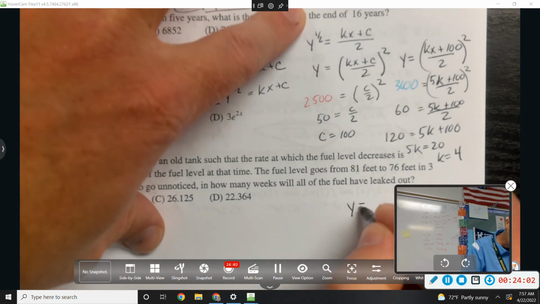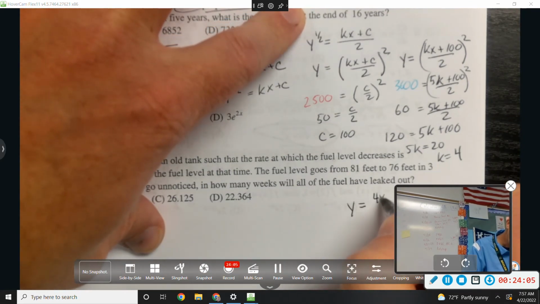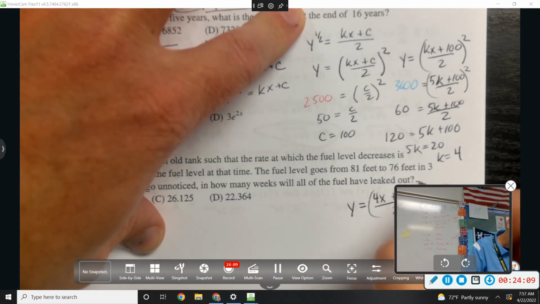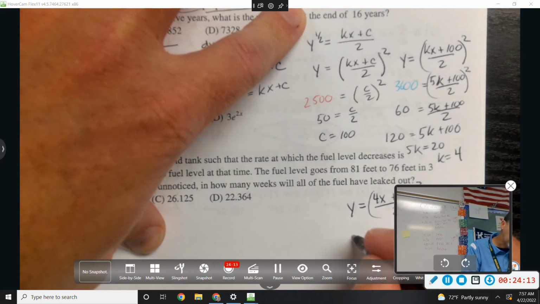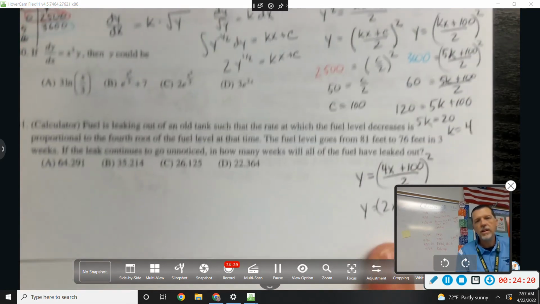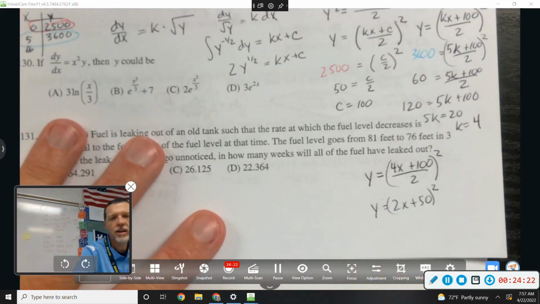So my answer finally is 4x plus 100 over 2 squared. Which means I may as well make that 2x plus 50 squared. Running out of space here.